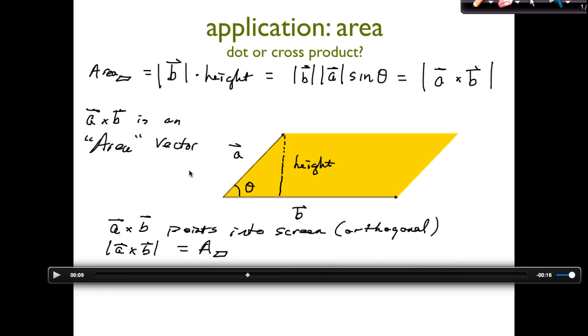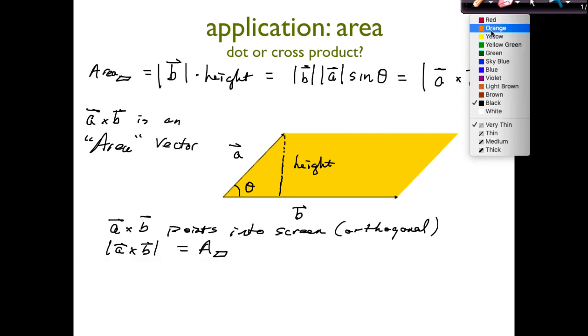Okay, yes, please, Becca. Just a little bit off topic from the area. Sure. But couldn't you use the dot product, like from the WebWork, to find that distance that's perpendicular, if the cross product is the height?